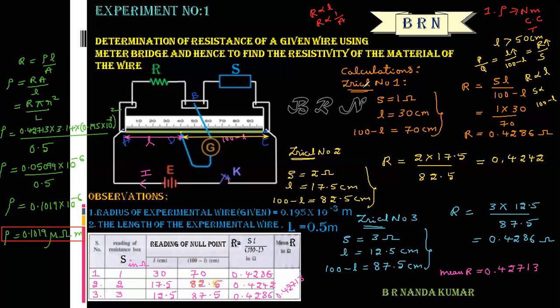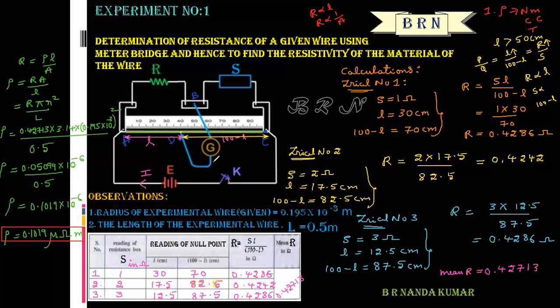Okay, go to the next very important question. While performing the experiment, after completing two trials, the galvanometer is changed and two more trials were performed. Is the resistance obtained in the last two trials different from the first two?